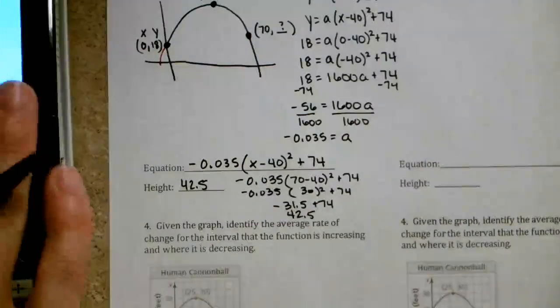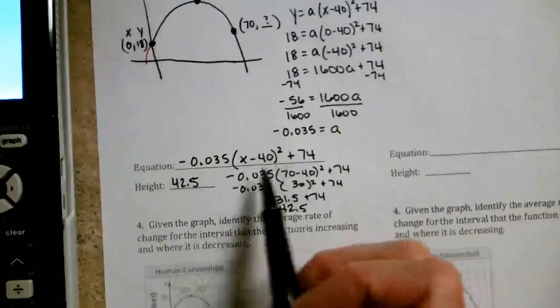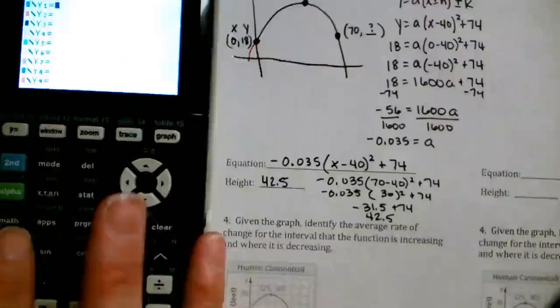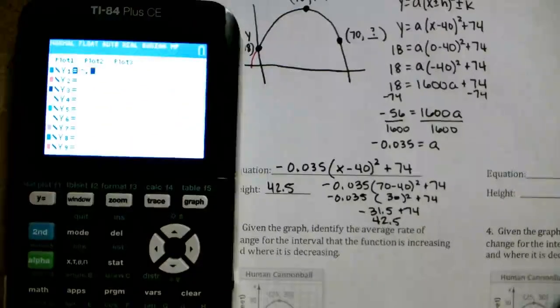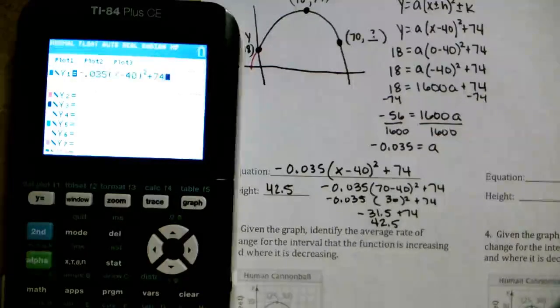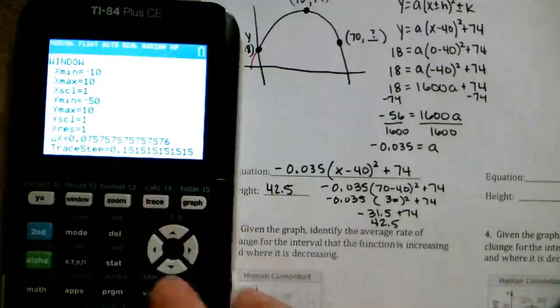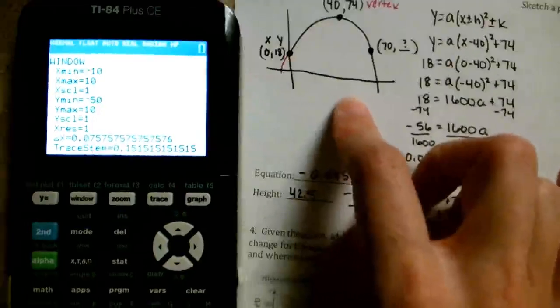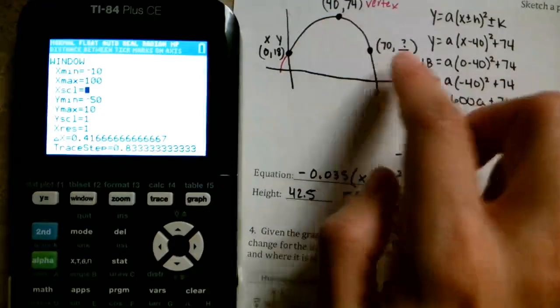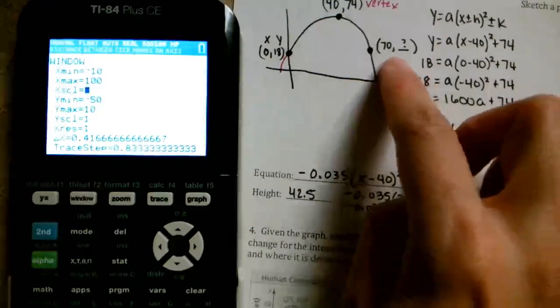The other thing we could do is graph this on our calculators. So if we graph this on our calculator, we have negative 0.035(x minus 40) squared plus 74. We know we have to make our window look like this. So we need our x max to go out to maybe 100 because I have to go out to at least 70.